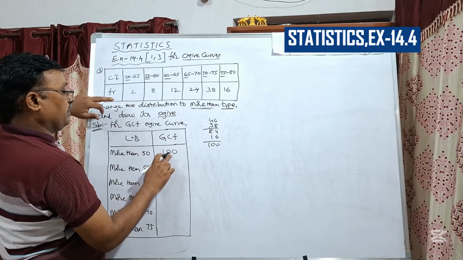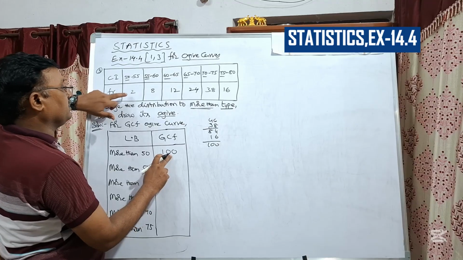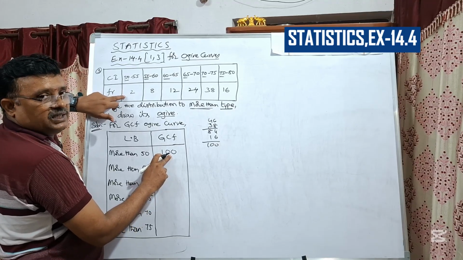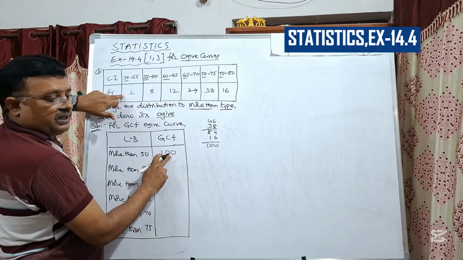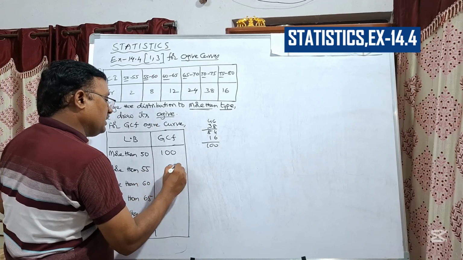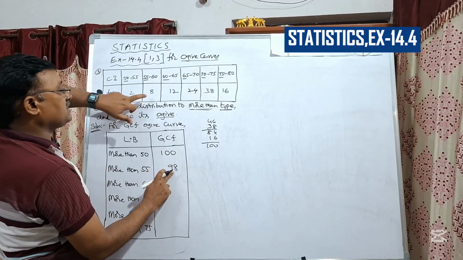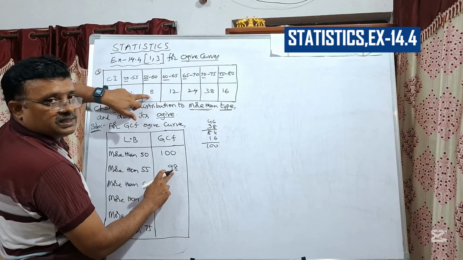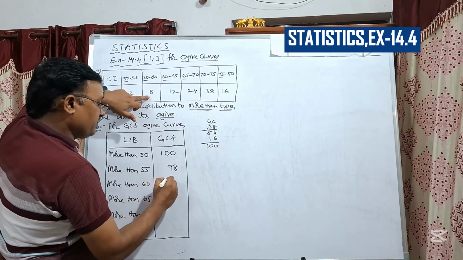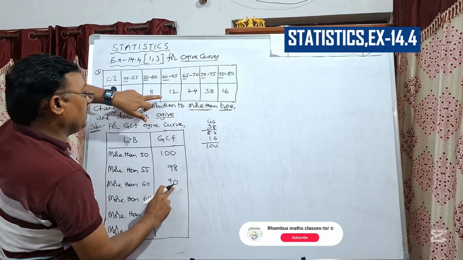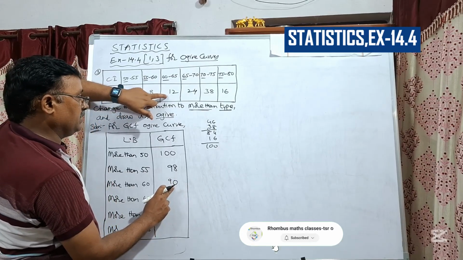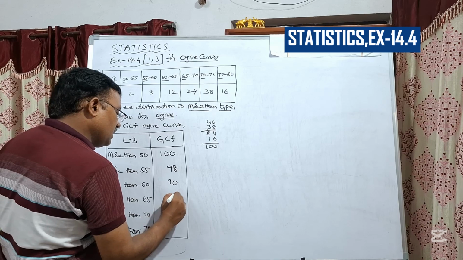Next, from this total frequency, the greatest frequency, subtract the first individual frequency. 100 minus 2 will become 98. From this, subtract the second one, 98 minus 8. Understood the logic? That is 90. This minus the third value, 90 minus 12, that is 78.